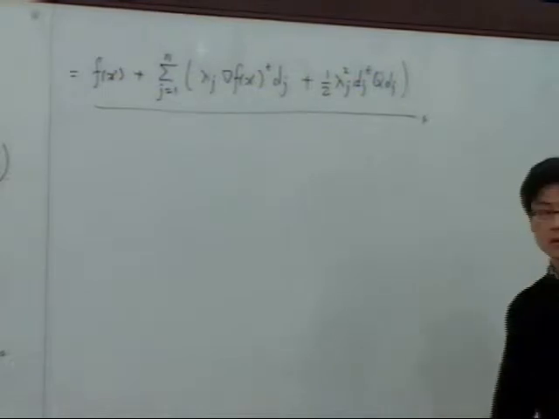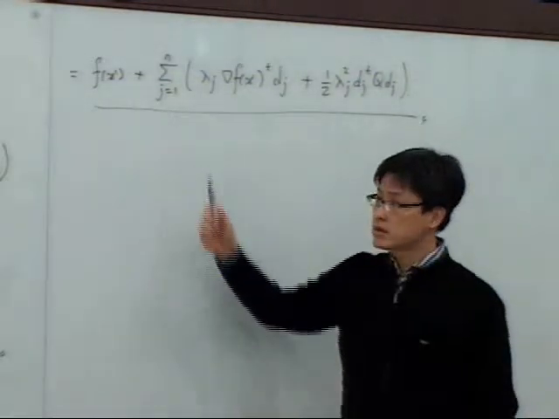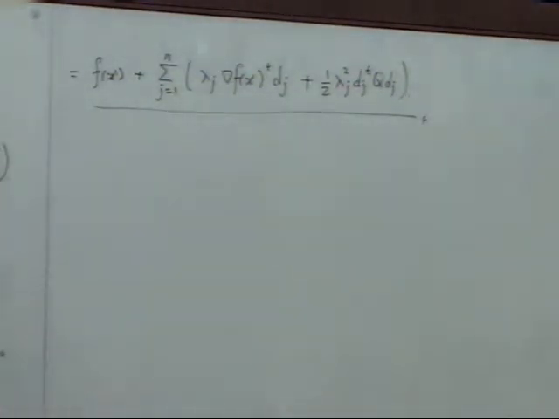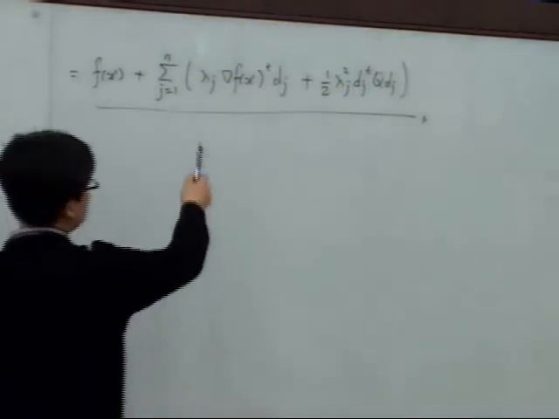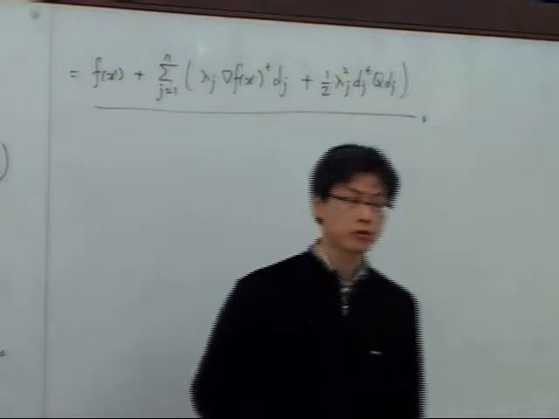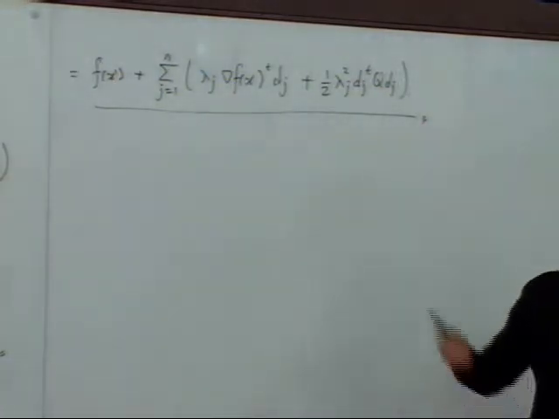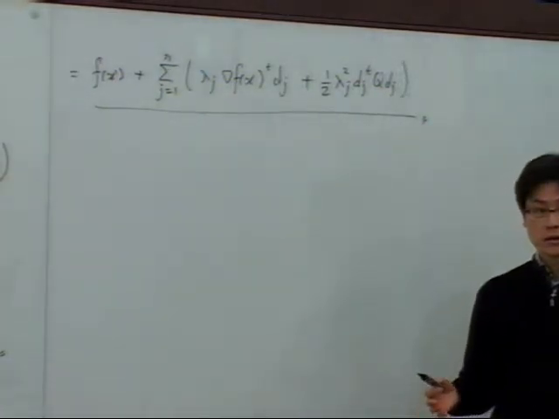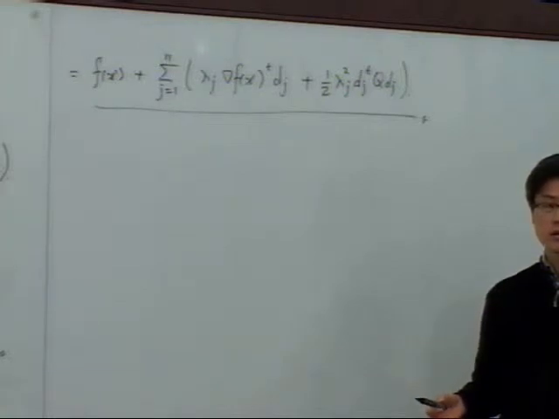And keep in mind, since we are optimizing in n-dimensional space, we have j from 1 to n, because Q is a symmetric positive definite matrix in n-dimensional space.